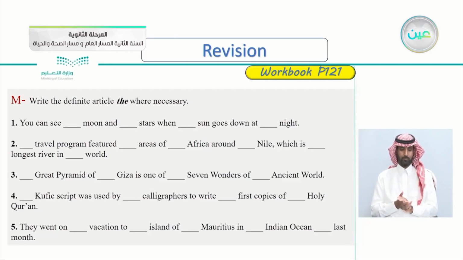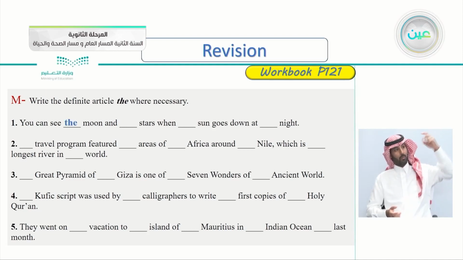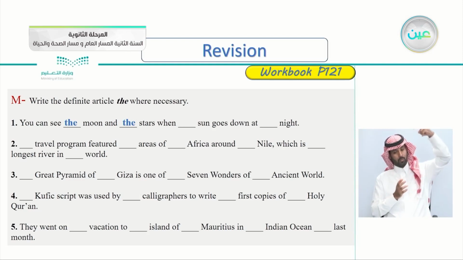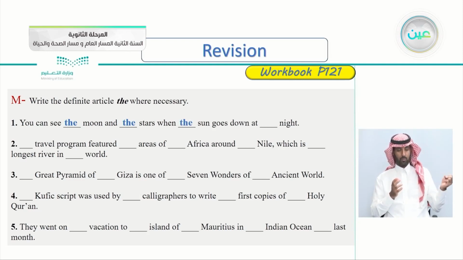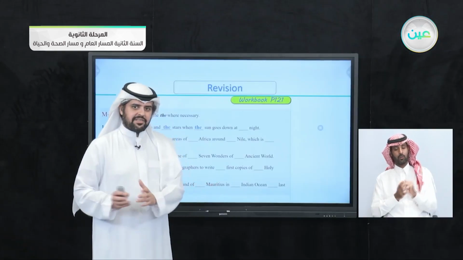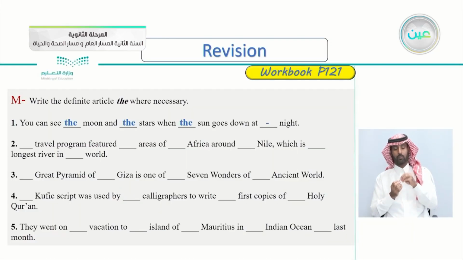You can see, yes, the moon, and yes, excellent, and the stars when, yes, the sun goes down at, and the word night. Do we say at night or at the night? Yes, that's correct. Just at night. Excellent. Number 2, travel program.